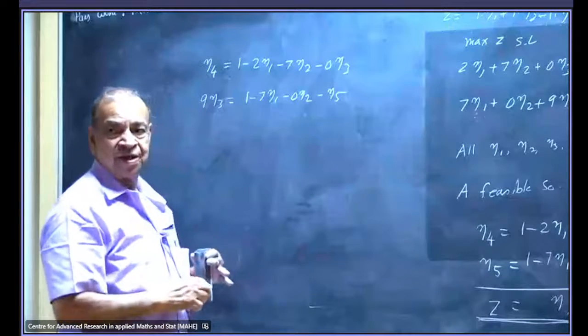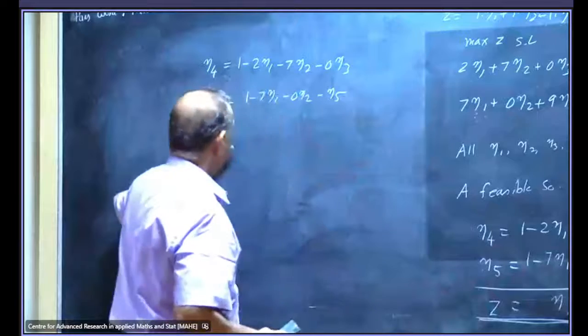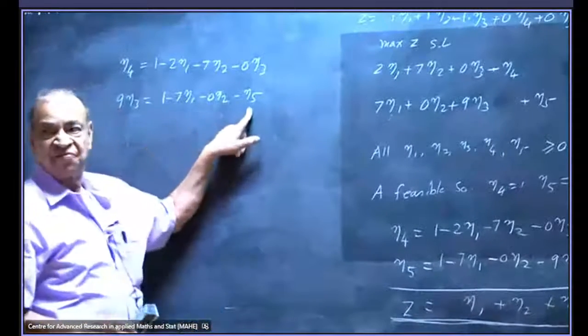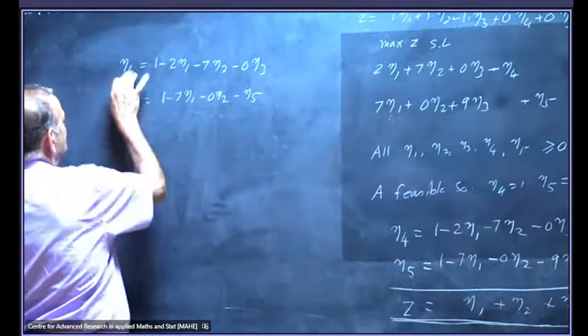Clearly? I take this one to this side, this one to this side. So 9 eta 3 is 1 minus 7 eta 1 minus 0 eta 2 minus eta 5.